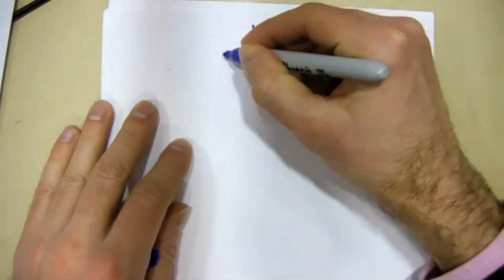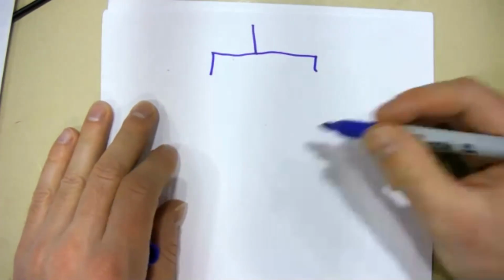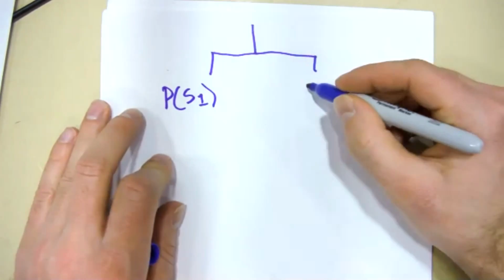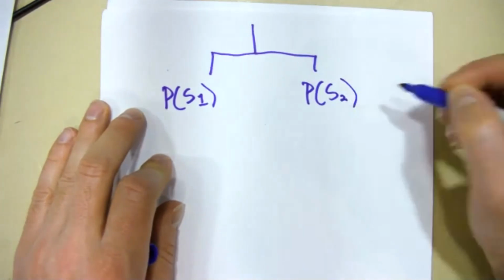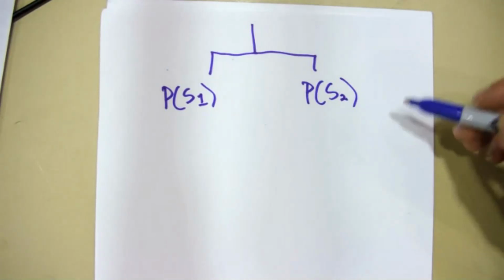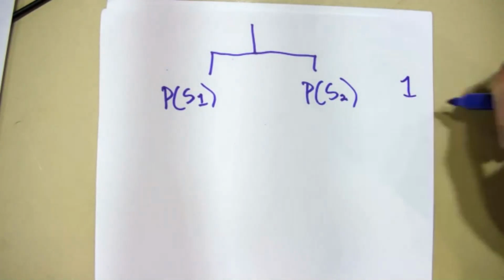All right. So you can always start with a probability tree where you're looking at the probability of your first state of nature and the probability of your second state of nature, right? So this first row of your tree has to add up to 1.